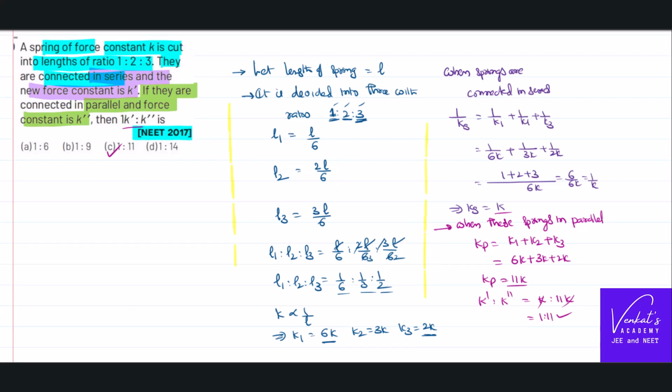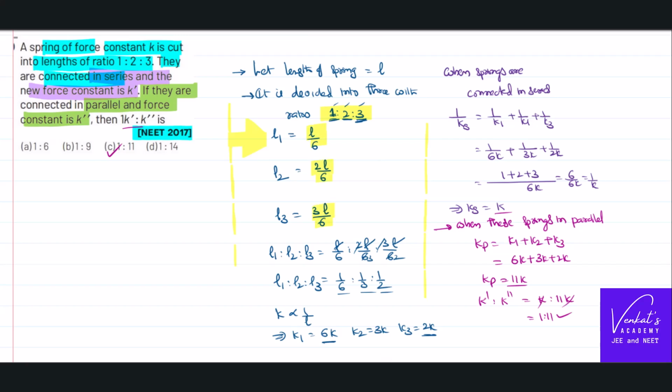You know a lot of basics while you are solving the problem. The first thing is, how do you write the length for each part? If the total is divided into 3 parts with lengths 1:2:3, out of 1 plus 2 plus 3, 6 parts, 1 part is there in the first spring, 2 parts in the second spring, 3 parts in the third spring.